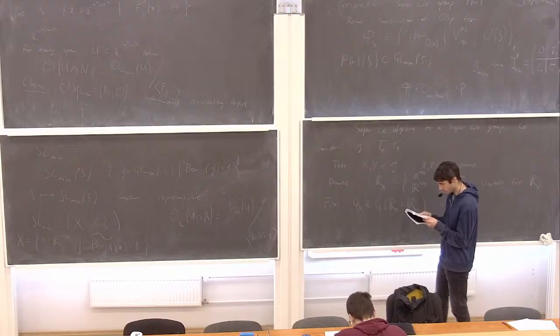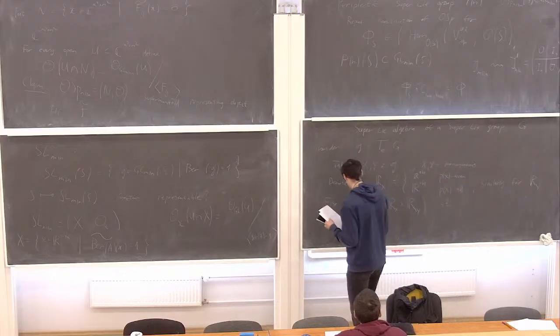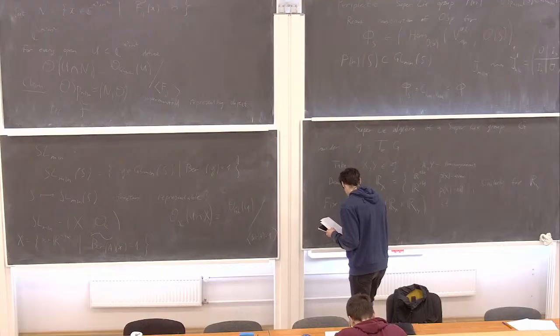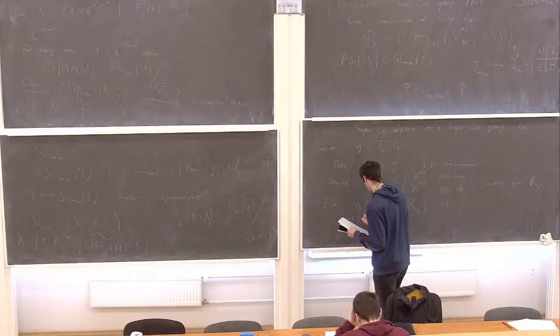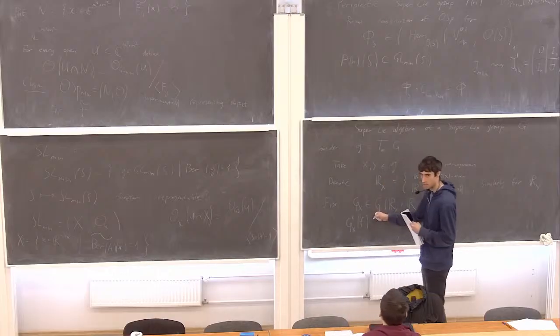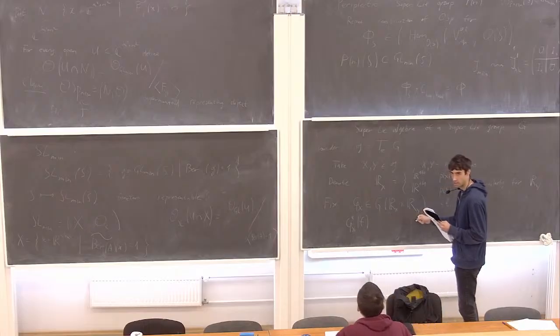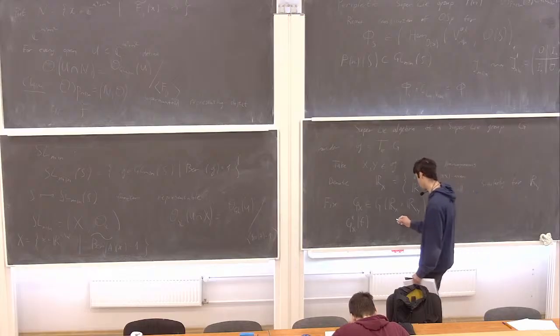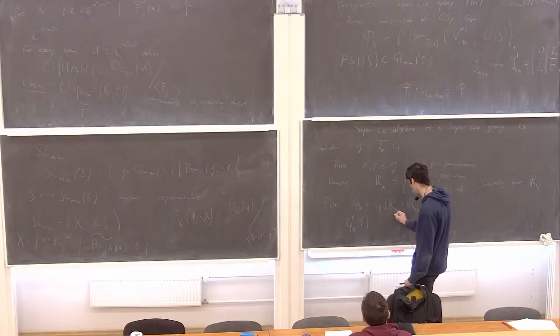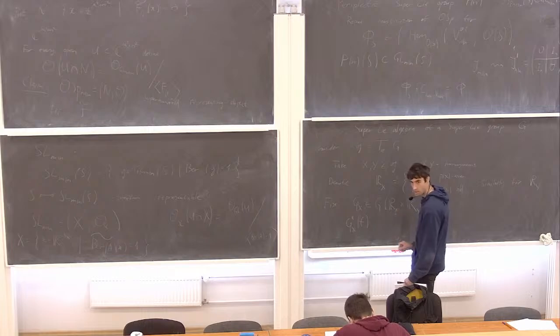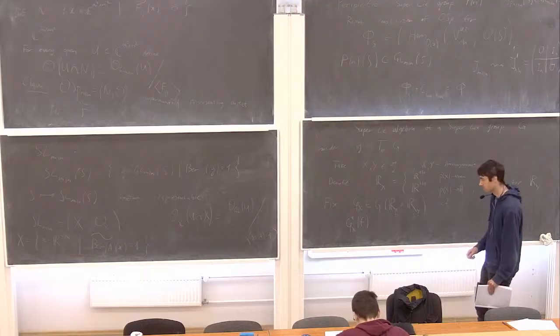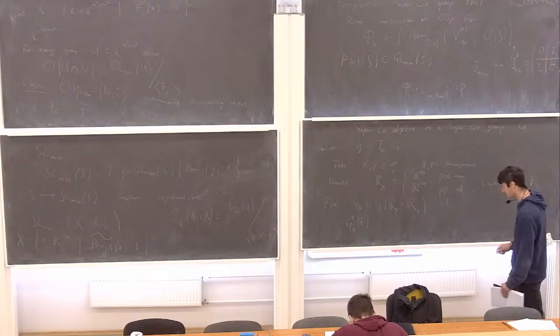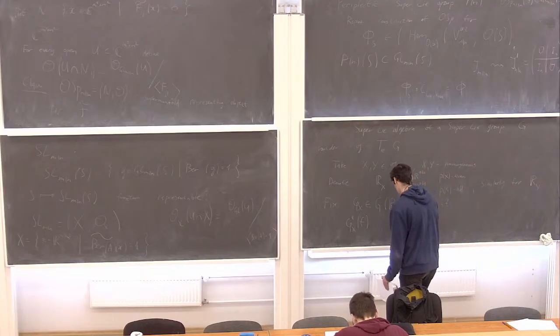So I need the pullback. So phi_x star, if I apply it to a function on G, should be a function in here. So let me fix names somehow. The coordinate here I will name t, and the coordinate here I will name s. So these are the corresponding coordinates.